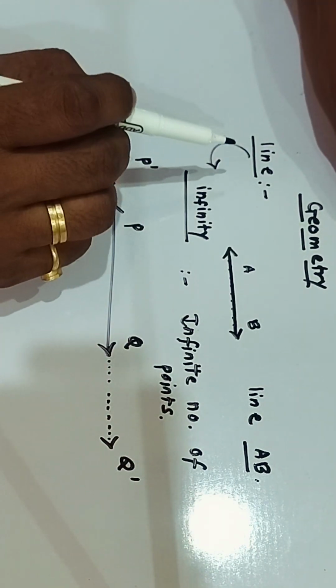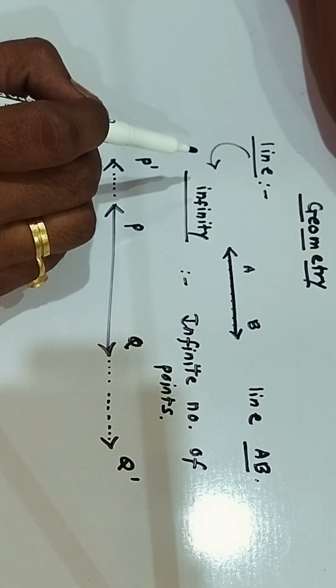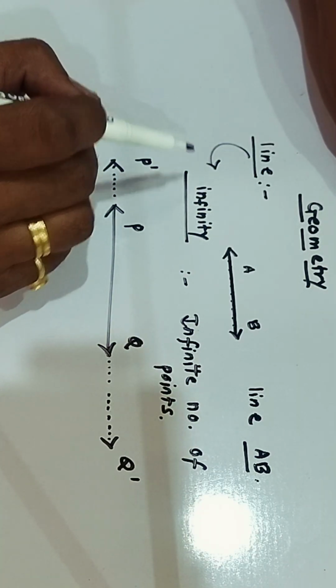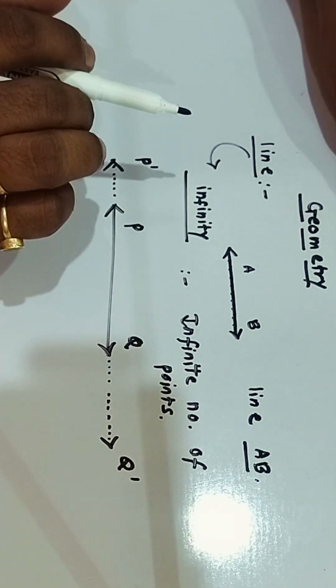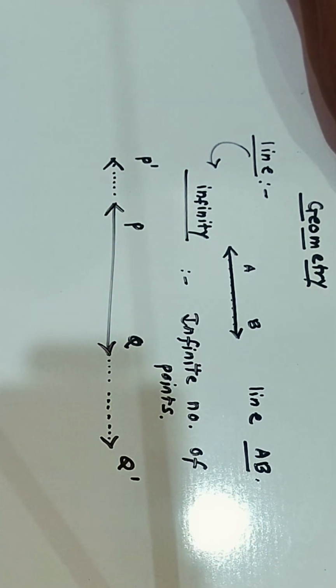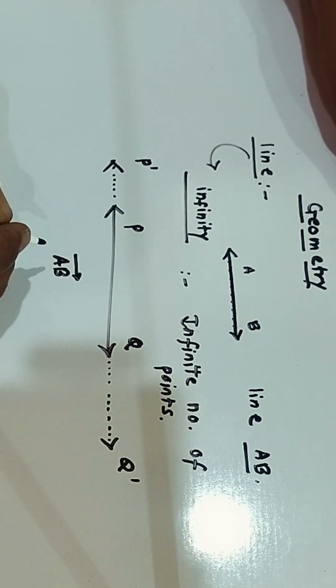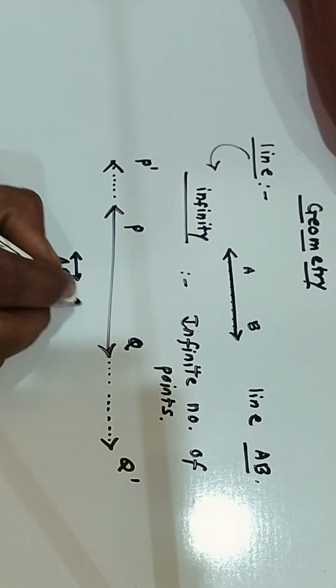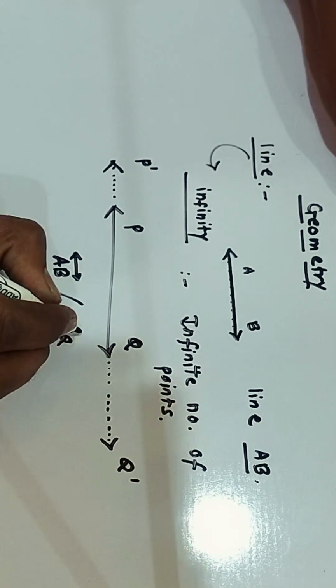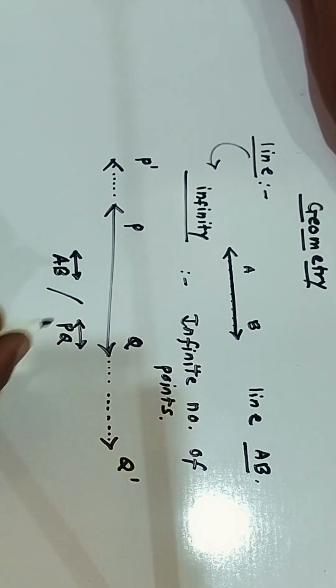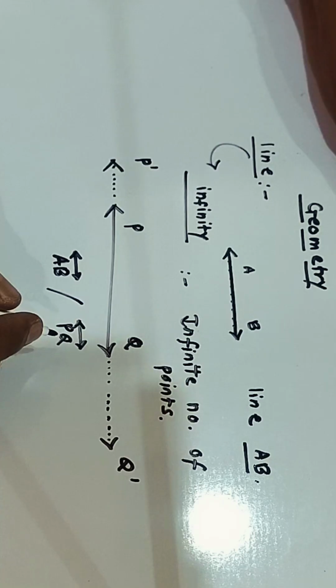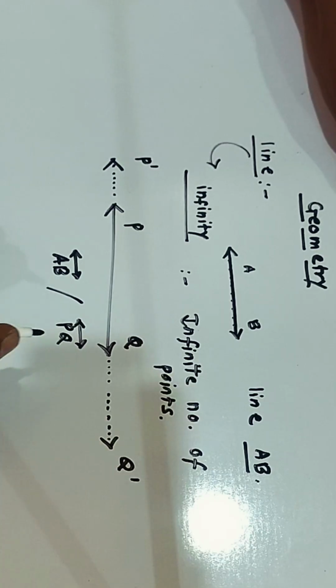So line is a collection of the points going endlessly in both the directions along a straight path, and it is denoted by line AB or line PQ. A double-sided facing arrow is given above the head of the line.